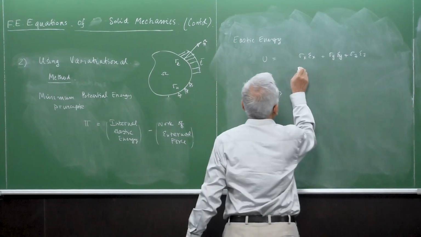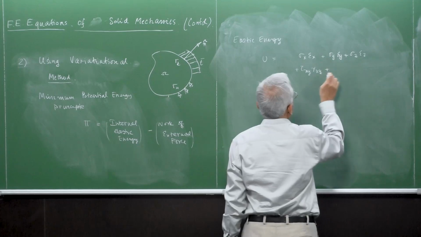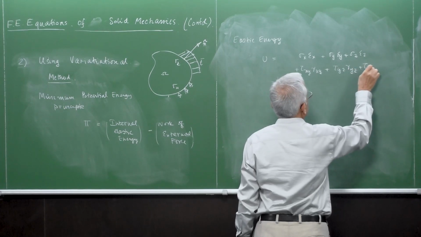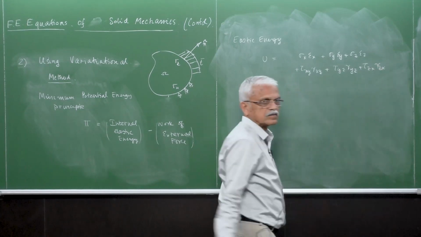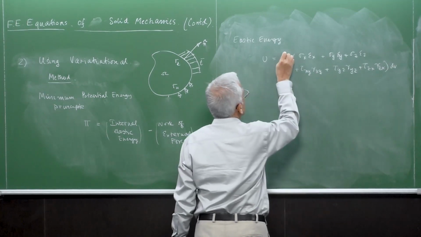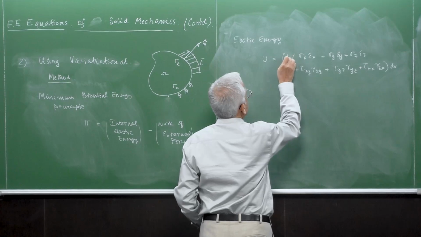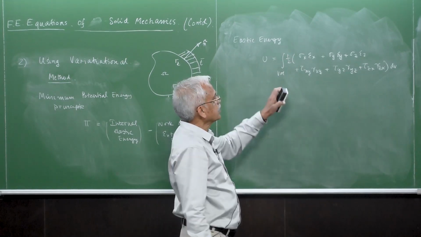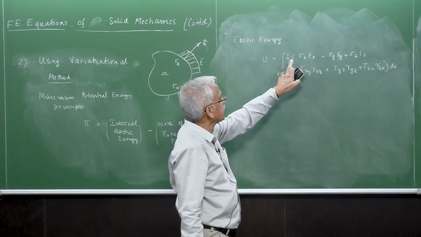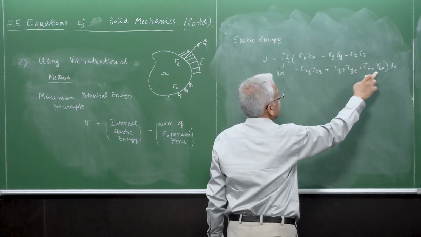So what we have here is that the strain energy within the body is a multiplication of the stress and the strain components: the normal strain x, the normal strain y, the normal strain z, and then the shear strain components.